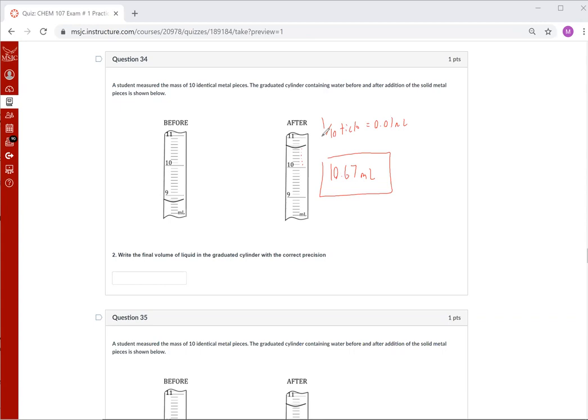Yes, but when I type 10.69, it just keeps repeating 9. Oh, I have never seen that error in Canvas. As long as it's within the estimated digit range, you'll receive credit in Canvas. It appears that if your number ends in 9, Canvas just repeats the 9 continuously.